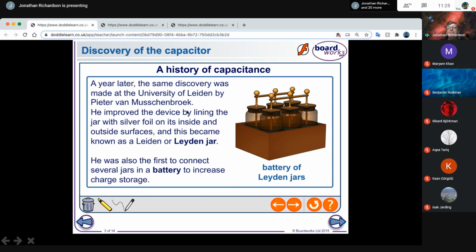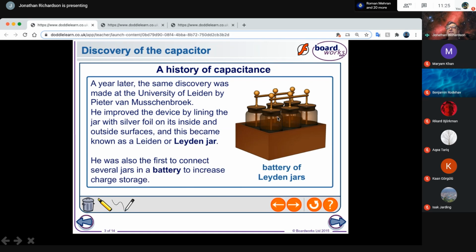Sometime after that, at the University of Leiden, they developed a process whereby they took an ordinary jar and placed a layer of silver foil or aluminium inside that jar, then wrapped another layer outside the jar, and they were able to transfer electrical energy into that jar.